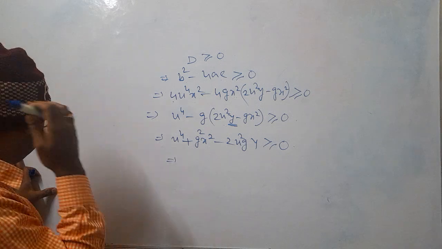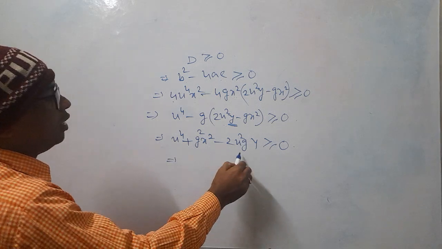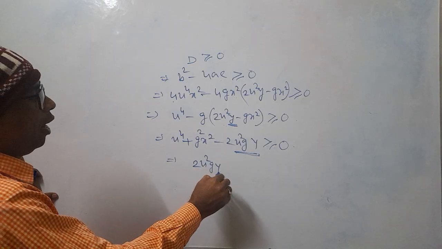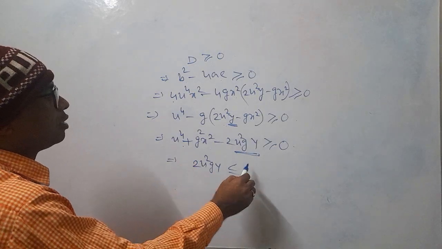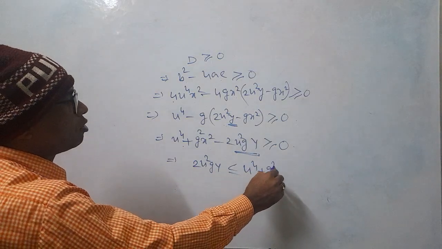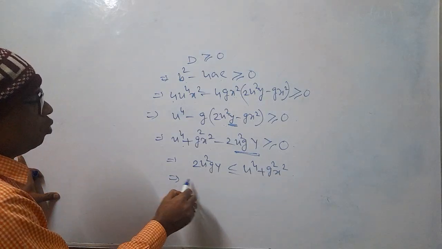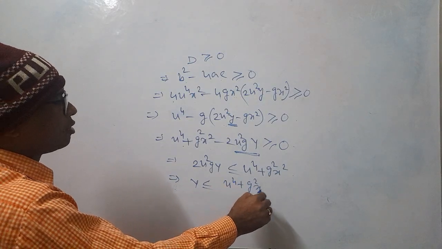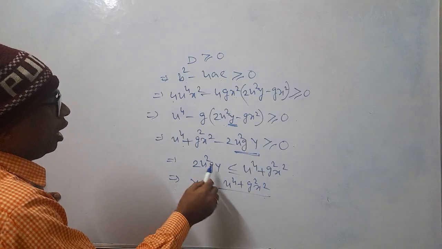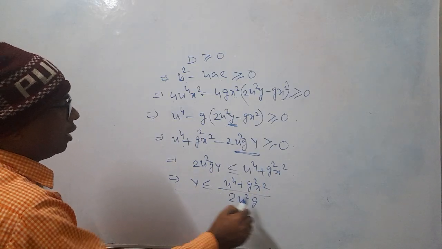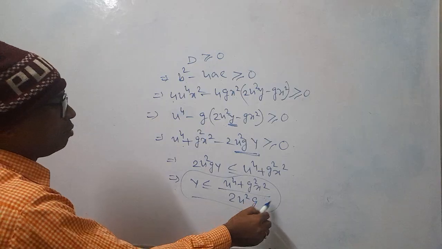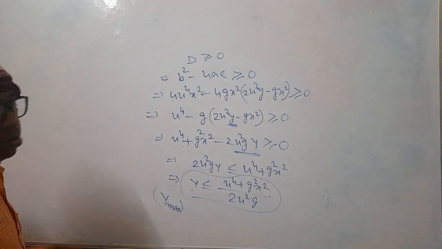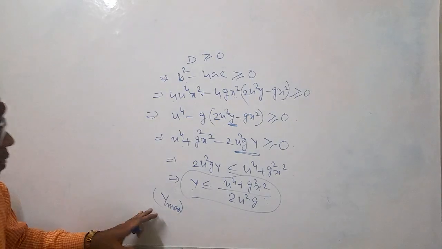Now this term 2u square gy is less than or equal to u to the power 4 plus g square x square. So y is less than or equal to u to the power 4 plus g square x square by 2u square g. That is the maximum value of y. You get y max from this.